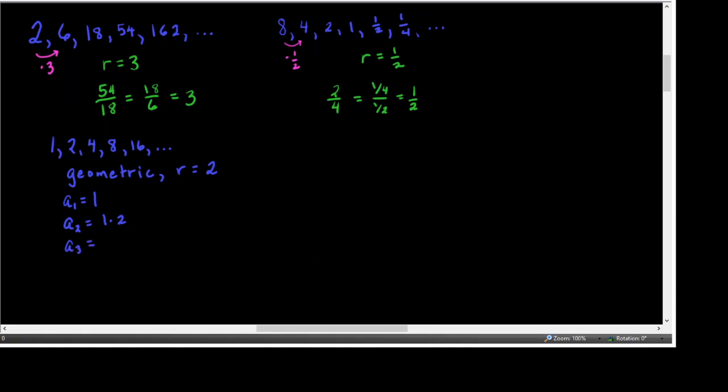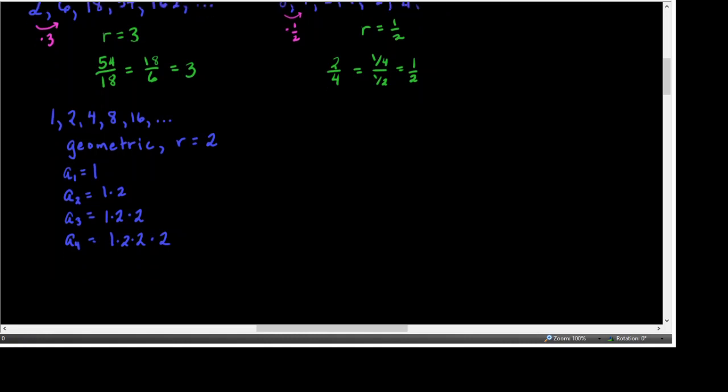So what we're going to do is think about what we had to do to get the answers for this. So the first term is 1. You get the second term by multiplying that answer by 2. You're going to get the next answer by multiplying that answer by another 2. And then you're going to take the previous answer, 1 times 2 times 2, and multiply it by yet another 2, etc. And so how is it that we can get repeated multiplication going on here?